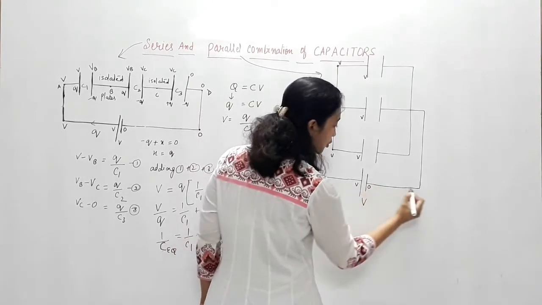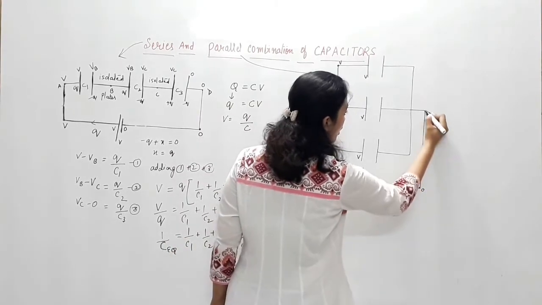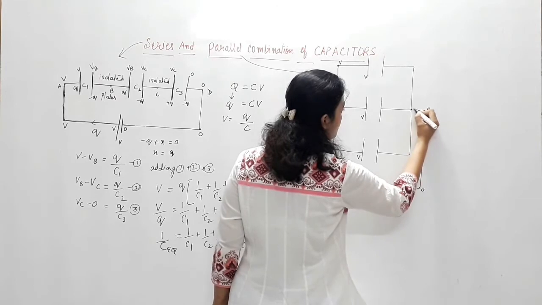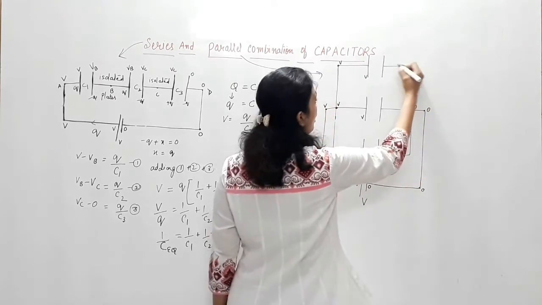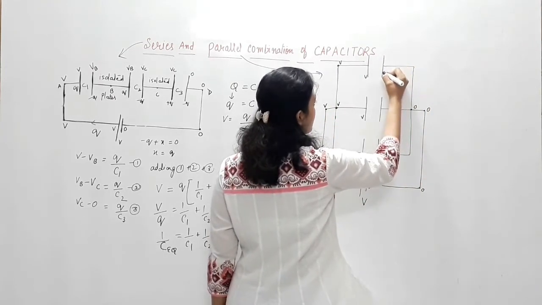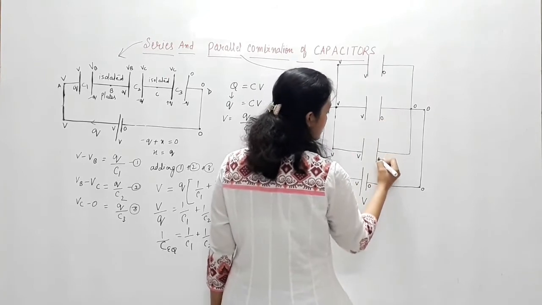On this side the negative pole is 0, so all the points connected to it are 0, and these particular plates are 0.